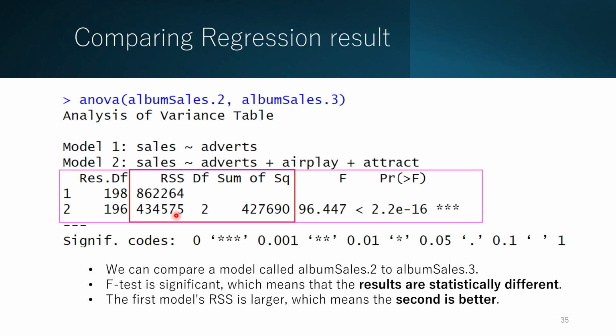Then model 2 is better than model 1 in this case. So adding airplay and attract is better than the simple regression. That is the conclusion. Prefer the lower model, with the stars at the lower than 0.1 percent significance level.